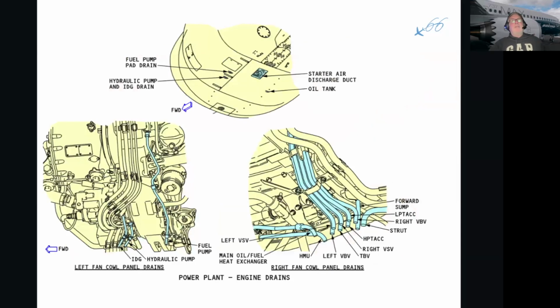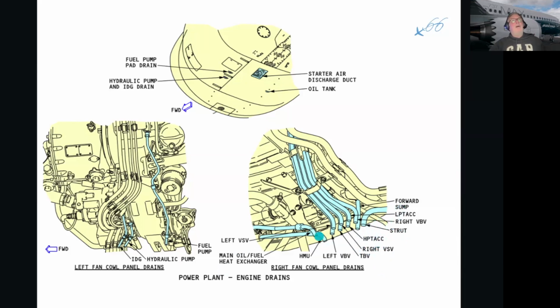The Aircraft Maintenance Manual, Chapter 71, contains leakage limit specs for each drain line. So you can see all these drain lines now. This one comes from the HMU, the hydromechanical unit, which is fuel. This is from the VSV, variable stator vanes, the transient bleed valve, the right VSV, and the HPTACC, the high pressure turbine active clearance control.